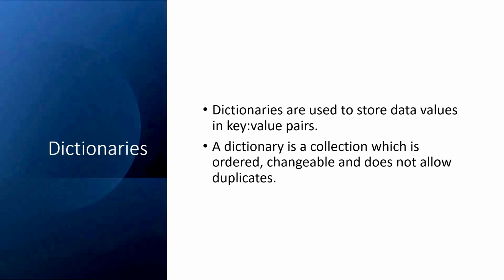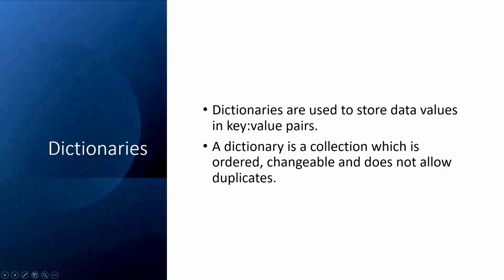In here the key will be the name and the value will be Smith, or the key will be age and the value will be 23, and so on and so forth. So you can create a storage array with the name value pair. Also, dictionaries are ordered, they are changeable, and they don't allow duplicates.